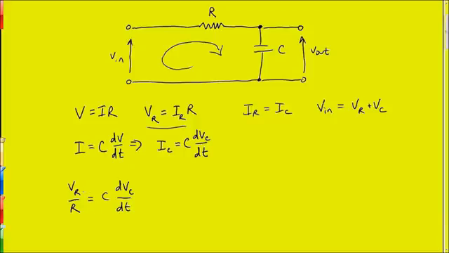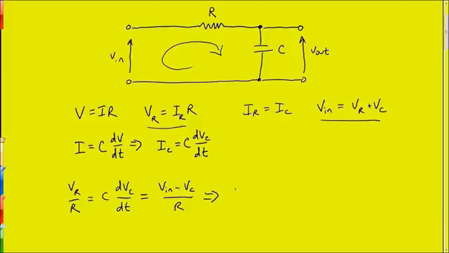And then we know from this equation here that VR is equal to V in minus Vc. So substituting for the VR, we get V in minus Vc over R. We can rearrange it, taking the V sub C to the left-hand side.